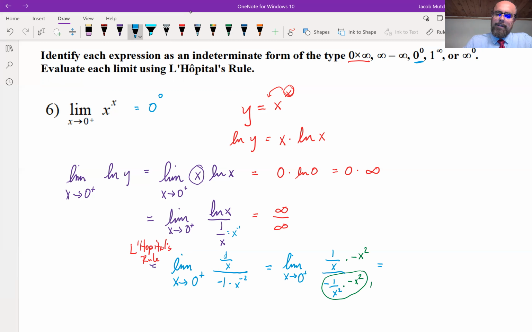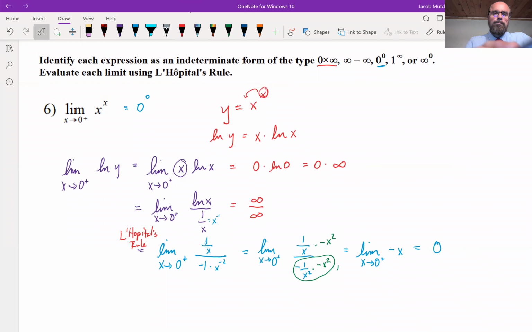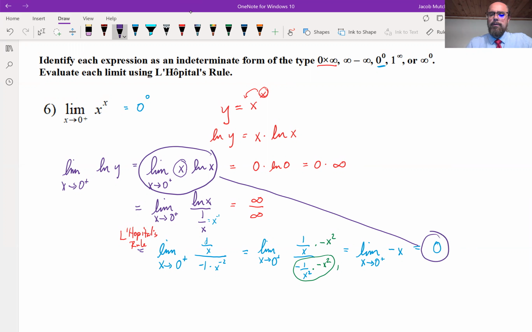So that'll give me the limit as x approaches 0 from the right of basically -x. And as I do direct substitution, that has the value of -0, which is just 0. So just to pull things together, what we've established is that this limit has the value of 0.